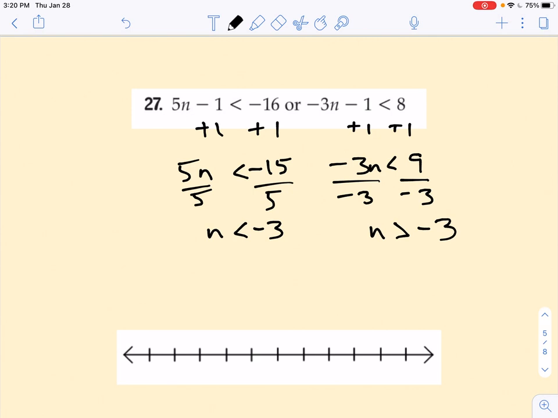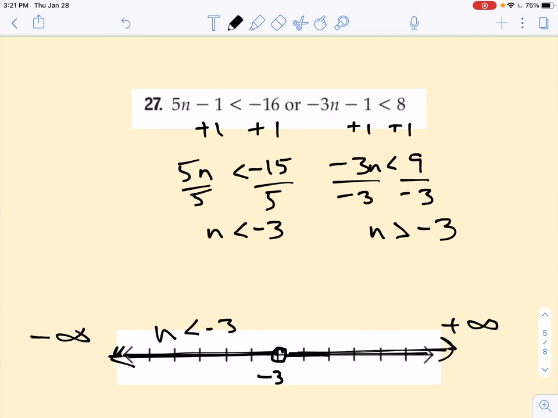Now this is interesting. If this is negative 3, that means the first one, n is less than negative 3, would be an open circle going this way. N is greater than negative 3 would also have an open circle because it does not include the number negative 3, but then goes off this way. So you've got something going off towards negative infinity this way, and something going off towards positive infinity this way. Basically, your solution for this is everything except the number negative 3.